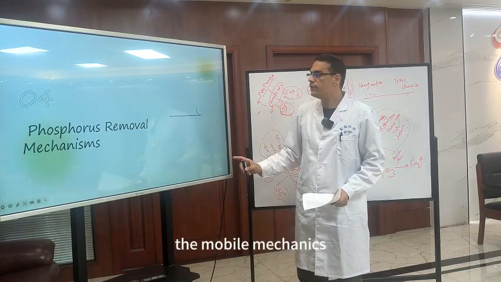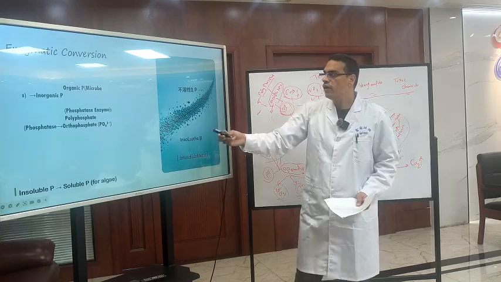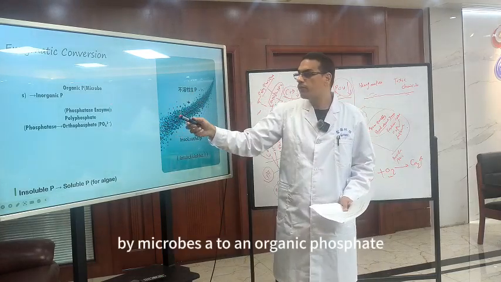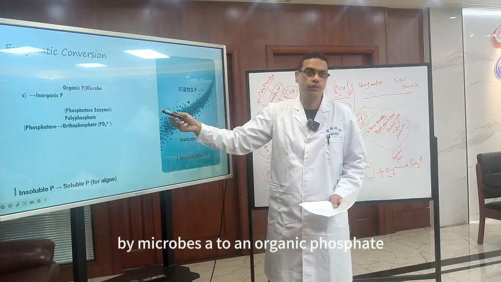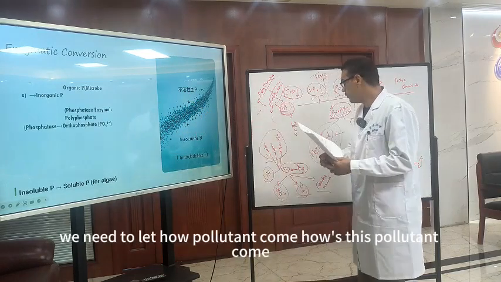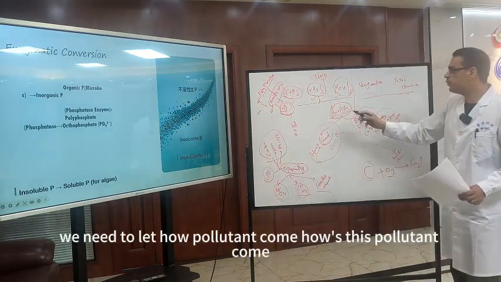For the phosphorus removal mechanism, organic phosphorus is converted by microbes to inorganic phosphorus. Actually, we need to look at how the pollutant comes.